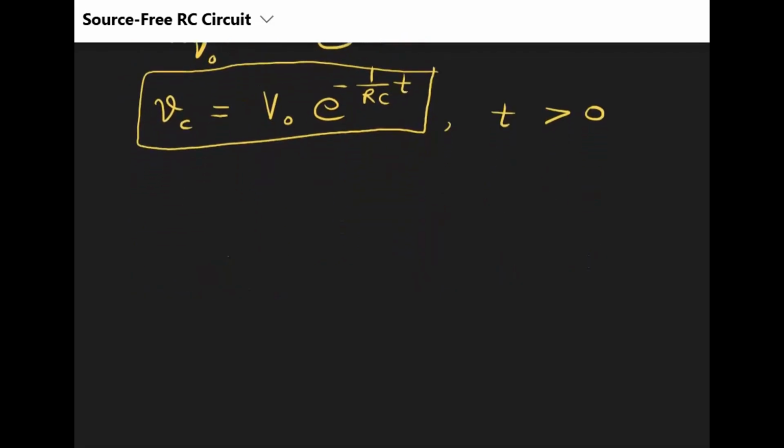Further, we will see what is RC. RC is nothing but a tau. It is called as time constant. The definition of time constant is the time taken by capacitor to discharge or charge 63.2% of its steady state value.